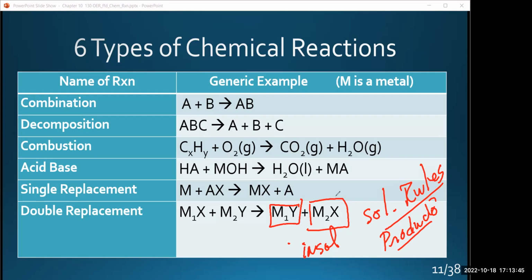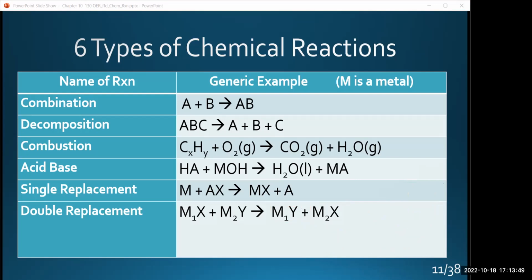So we'll be using the solubility rules to determine that reaction with the products. We don't care about the reactants because we know the reactants are already soluble. You know, they're in the aqueous solution. Okay.